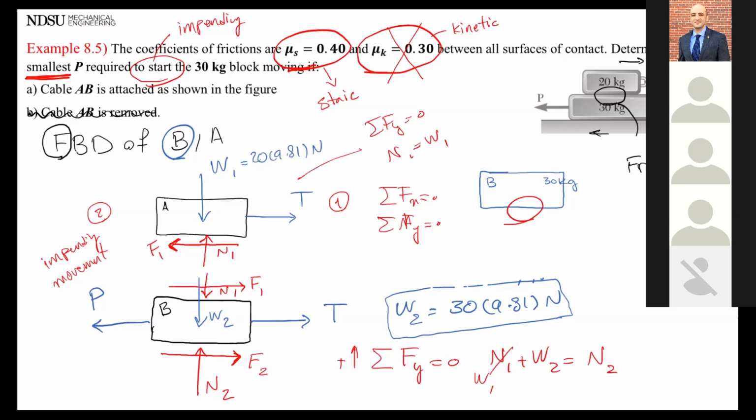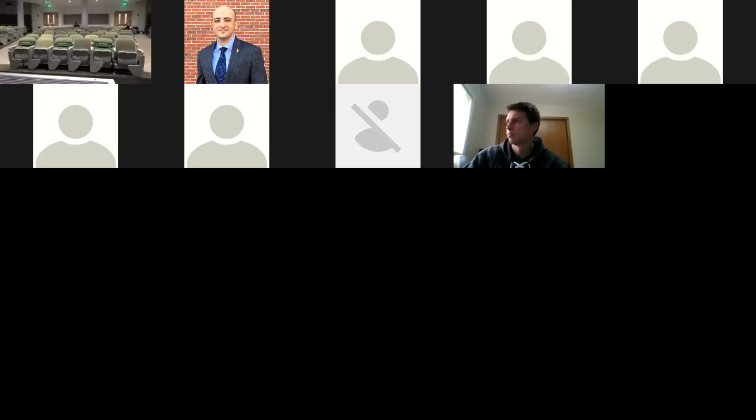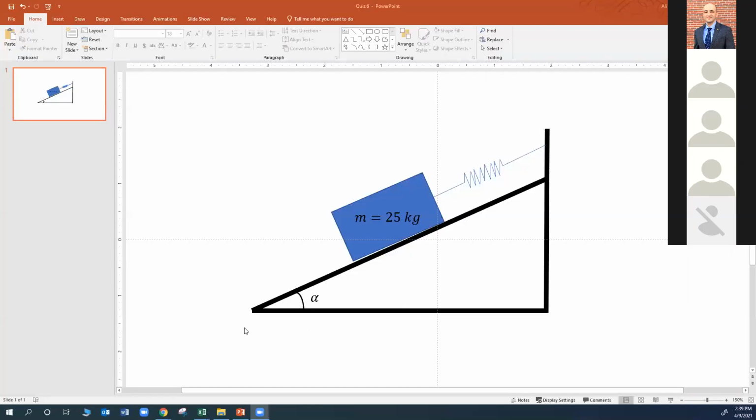Any other questions? All right, so what I want to do is a quick quiz here. Here's a block with a weight of 20 kilogram. All I want you to do is draw the free body diagram of this block.